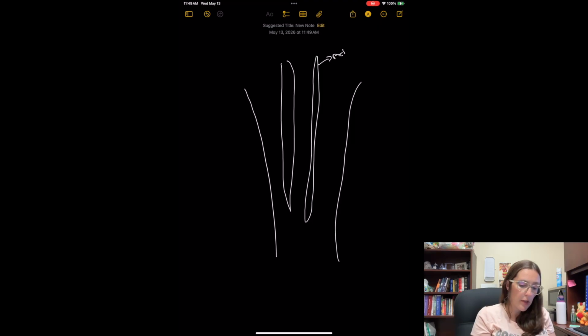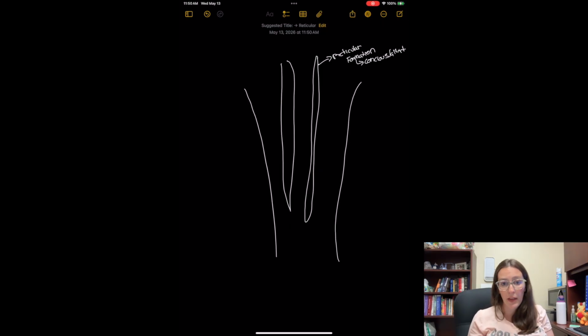The reticular formation is found all the way through the brainstem, and its main function is again keeping you conscious and alert. And it does so in different ways based on different functions that we see from each part of the brainstem.